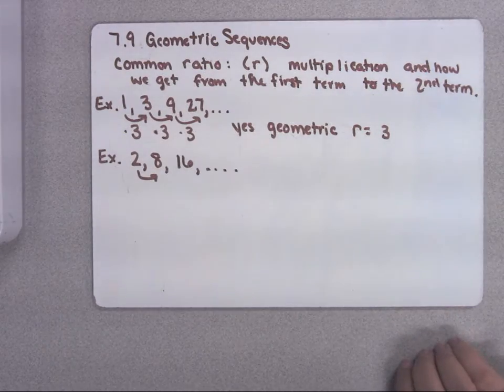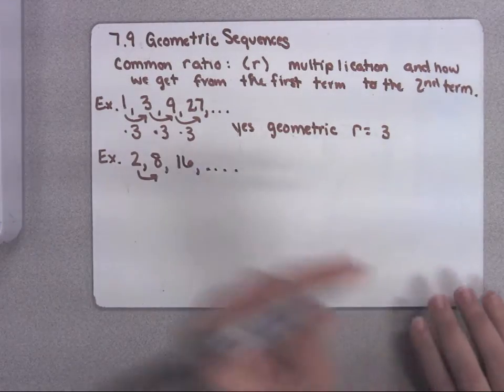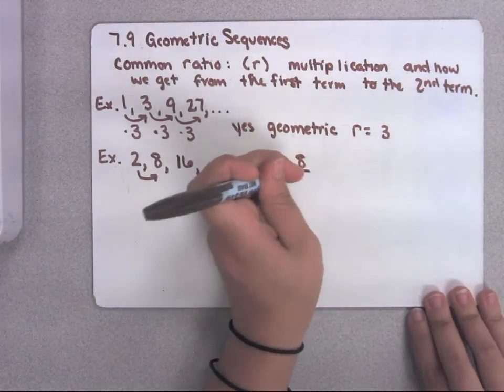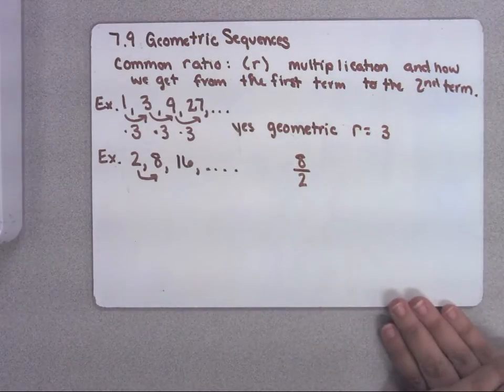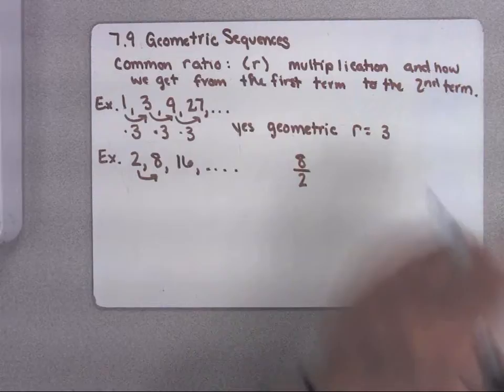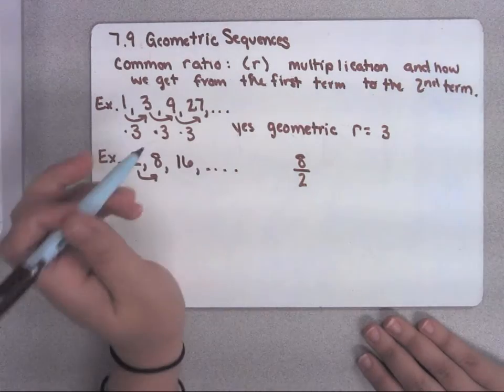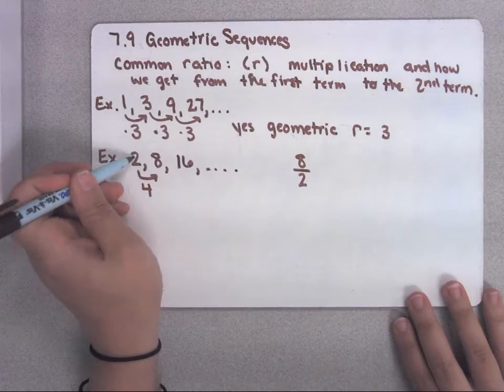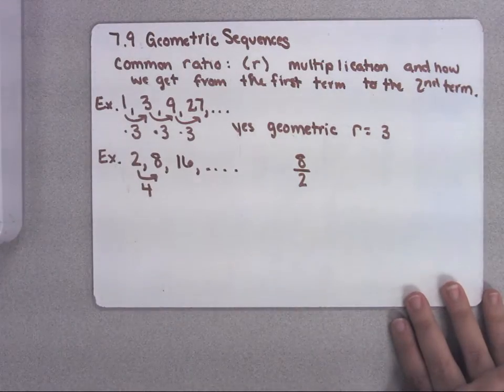Because sometimes the answers are fractions, that's what I'm telling you. If you don't know the answer, whatever 2 numbers you're touching, you take the second number and divide it by the first number. We used subtraction and addition before, now we're using multiplication. What is 8 divided by 2? 4. Does 2 times 4 make 8?